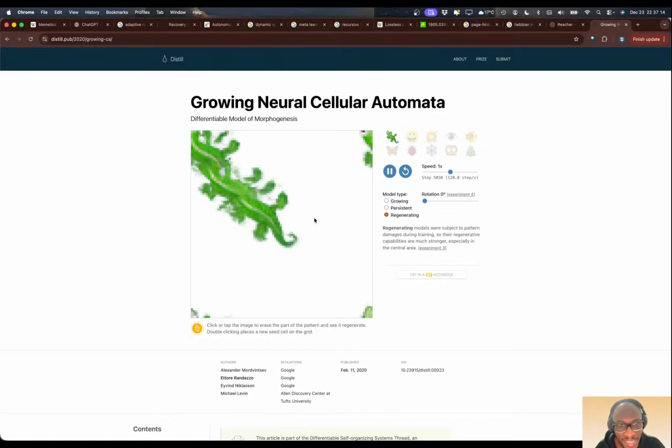You delete its tail, it just regenerates again, keeps doing that. The idea of memory.